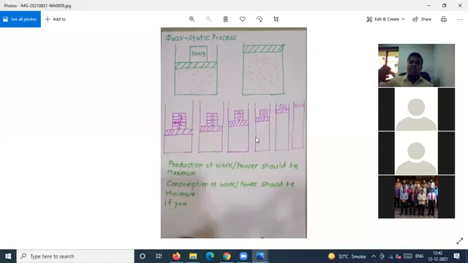When you remove 10 kg initially, the system will try to adjust itself. Again, when you remove 10 kg, again the system will try to adjust itself. That is what the quasi-static process is.